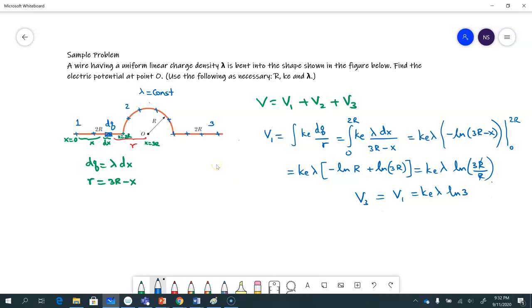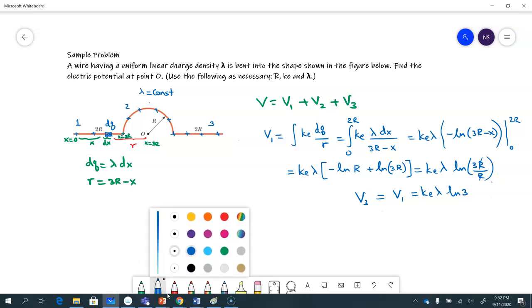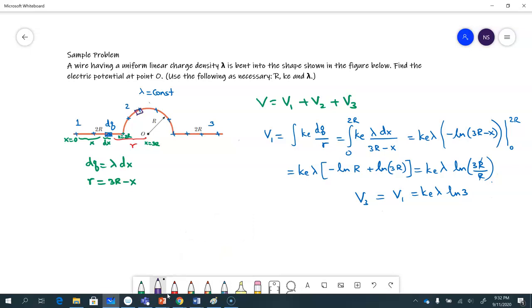This is very similar to what we have done with the electric field ideas. With the semicircular one, you pick a dq. Let's say this is dq, and little r is equal to capital R. So I want my V2, that's equal to the integral of ke dq divided by r.